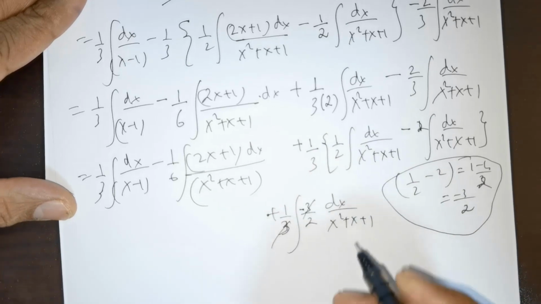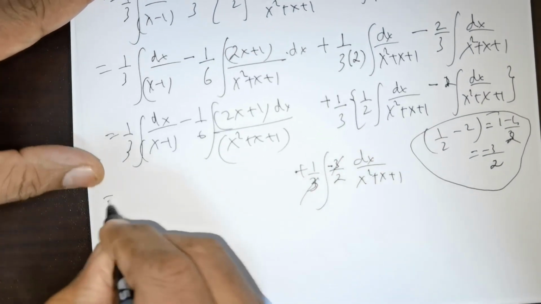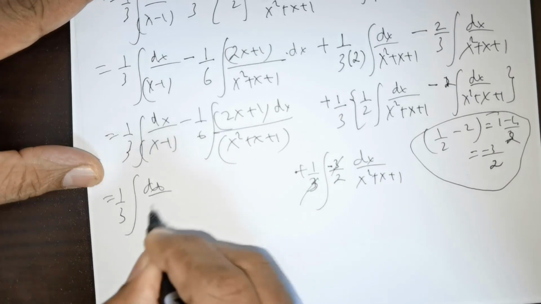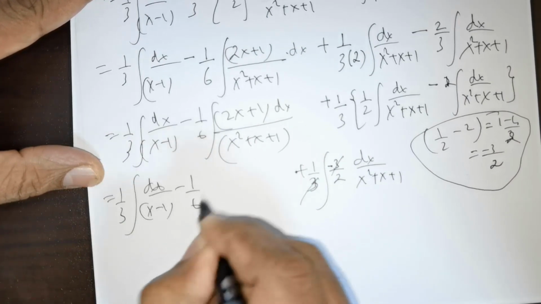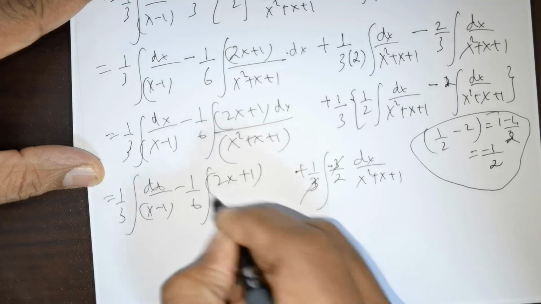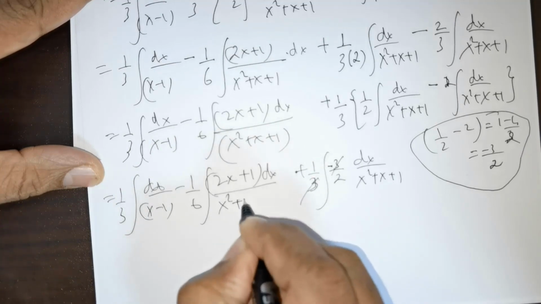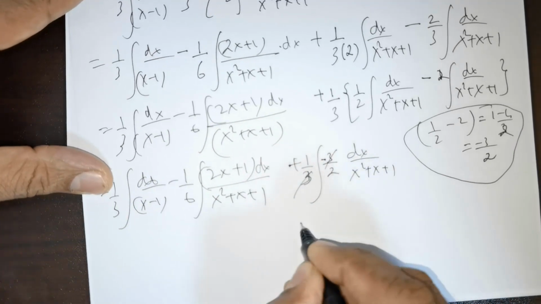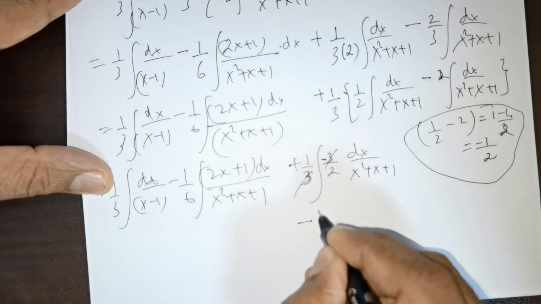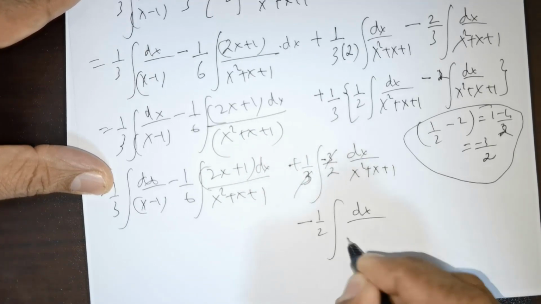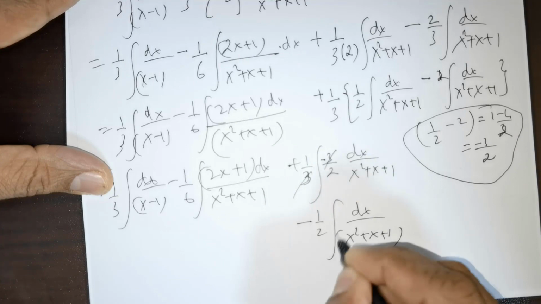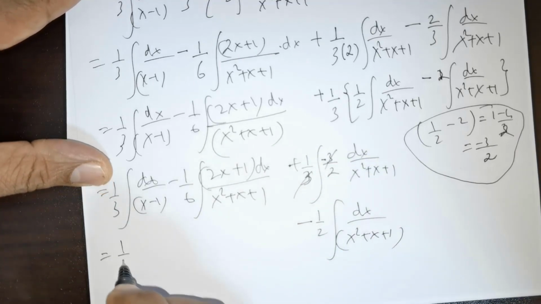Now 3 and 3 get cancelled, and this is nothing but 1/3 integral dx over (x−1), negative 1/6 integral (2x+1) dx divided by (x²+x+1), and negative 1/2 integral dx over (x²+x+1). We can now give the integration for all these terms.